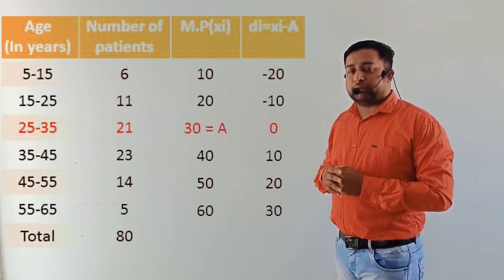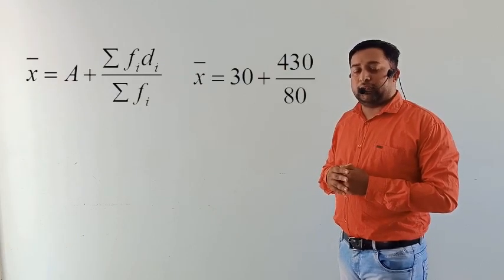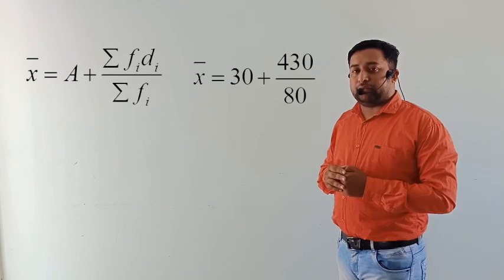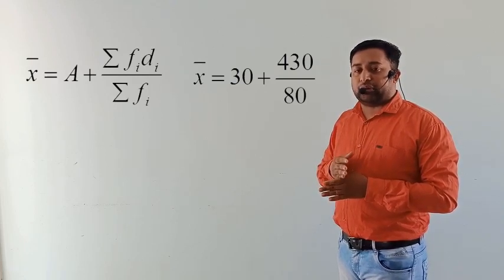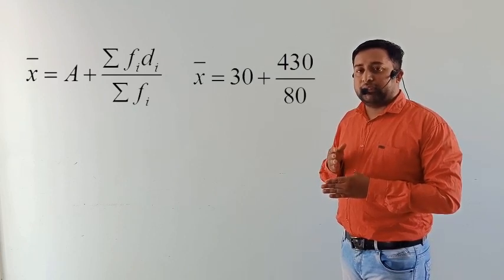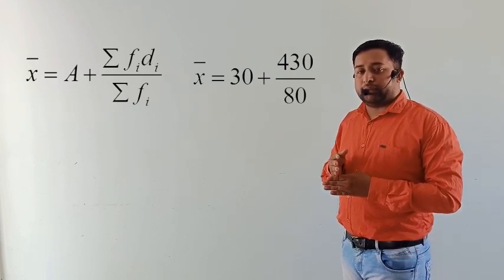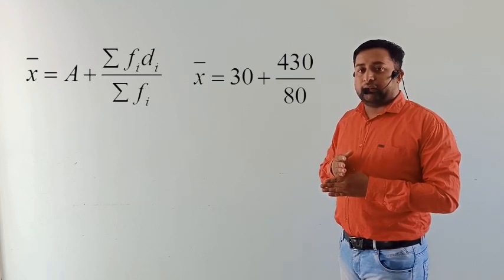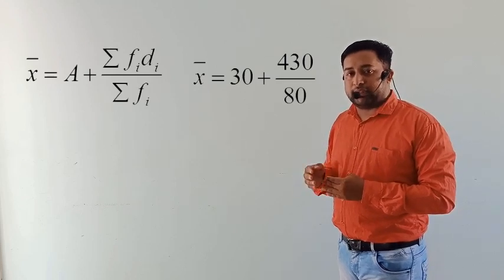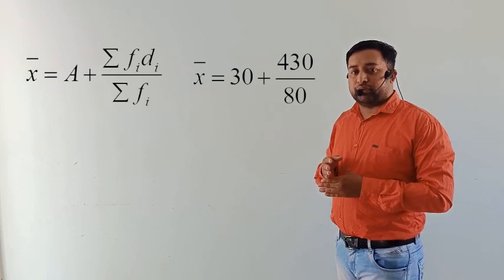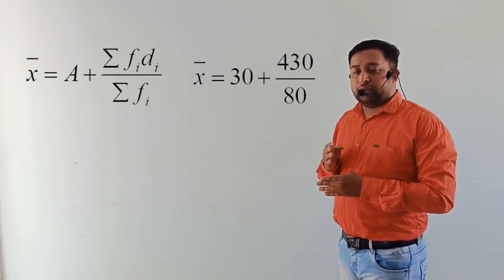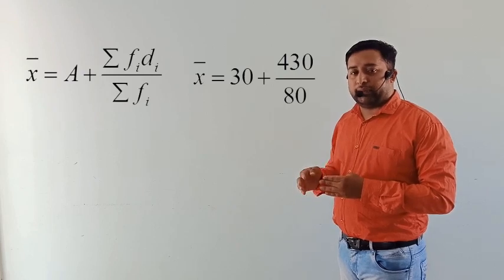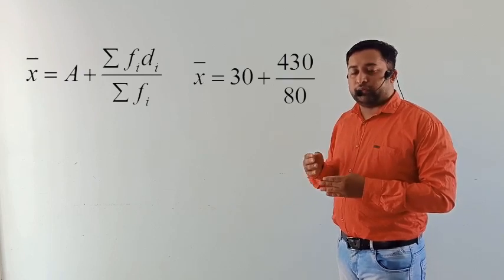Now from here on, the fifth column is fi di. Multiplying fi with di will give me fi di. Multiplying the second column with the fourth column: 6 into minus 20 is minus 120, 11 into minus 10 is minus 110, 21 into 0 is 0, 23 tens are 230, 14 20s are 280, 5 30s are 150.